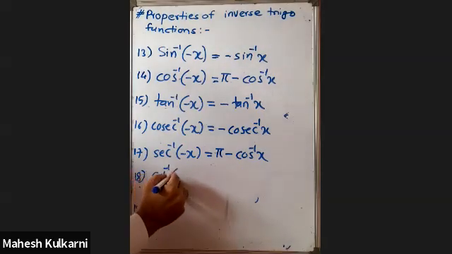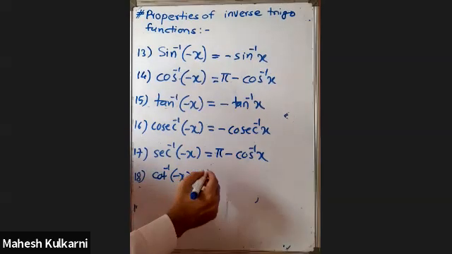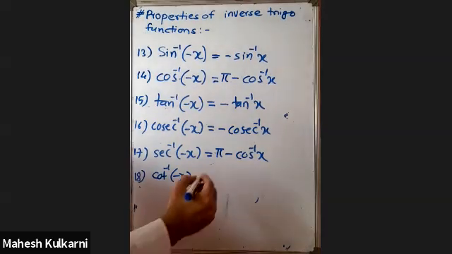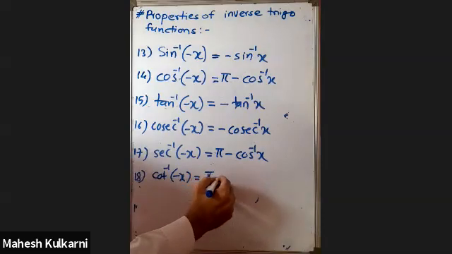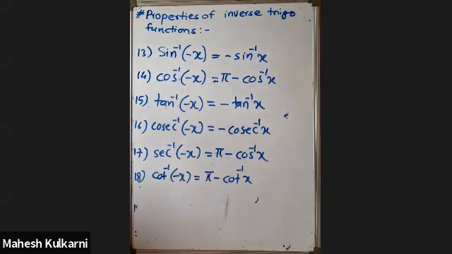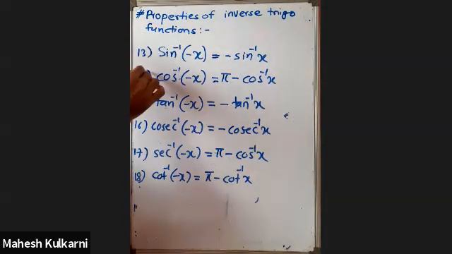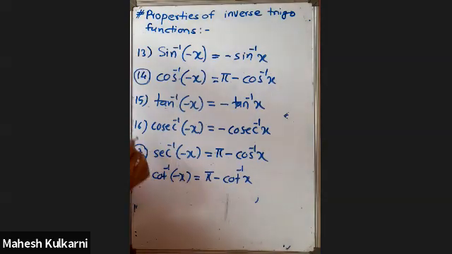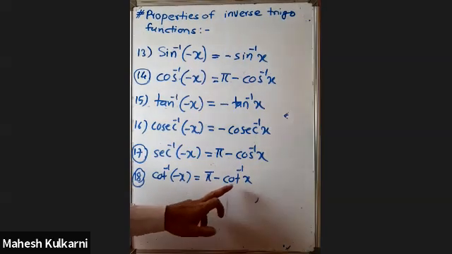The property for cot inverse of minus x is pi minus cot inverse x. So remember this for cos inverse, for sec inverse, and for cot inverse, it is pi minus cot inverse x.